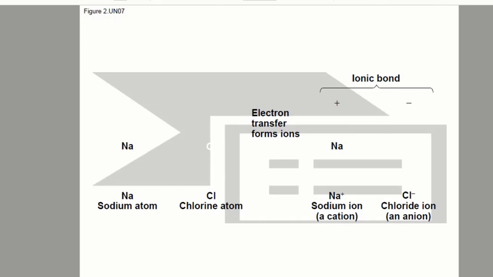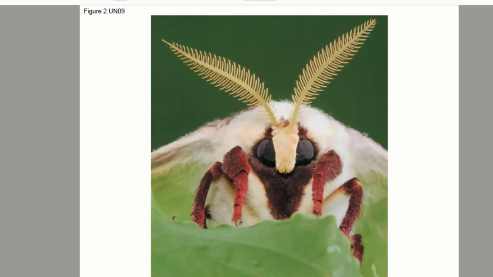We talked about this in the formation of table salt, with sodium and chlorine, where the sodium ion and chlorine ion form the ionic bond. You see the positive and the negative, which describe ionic bonds.